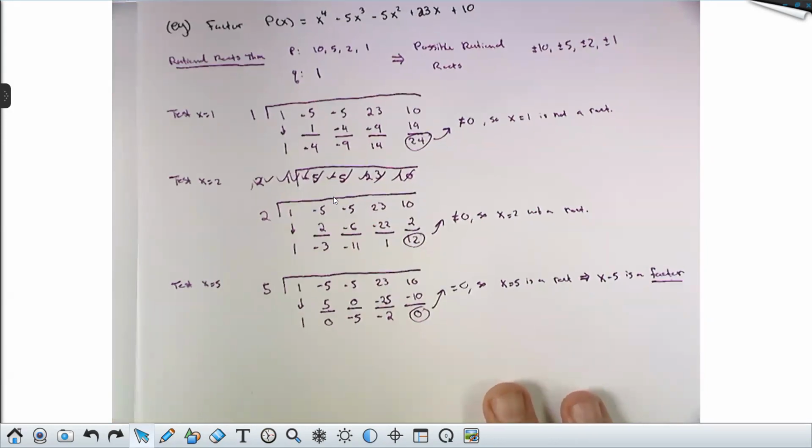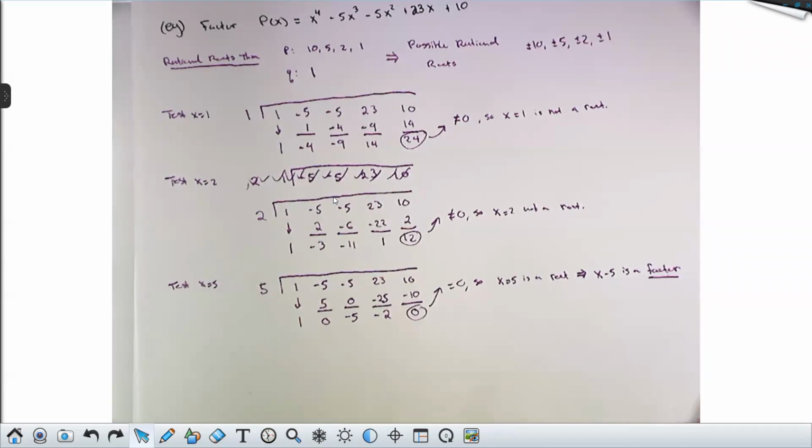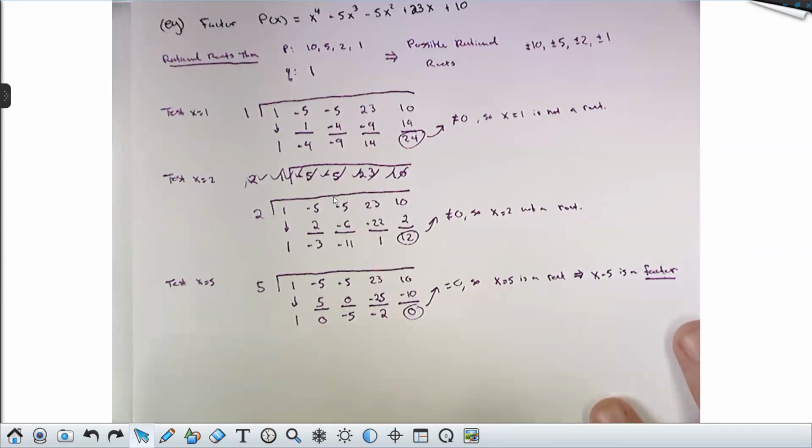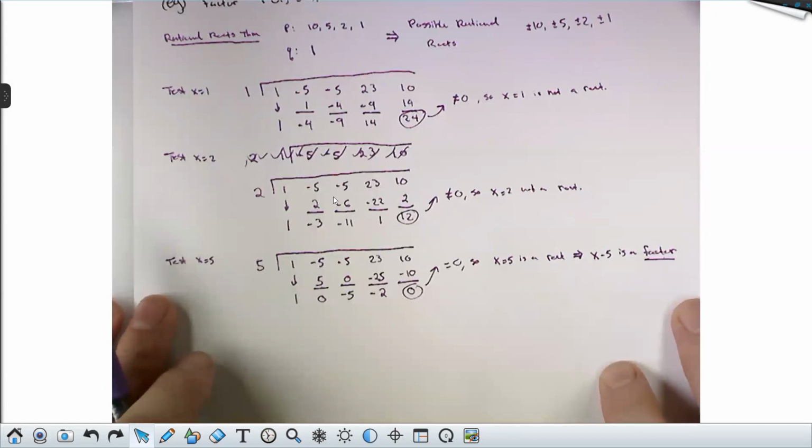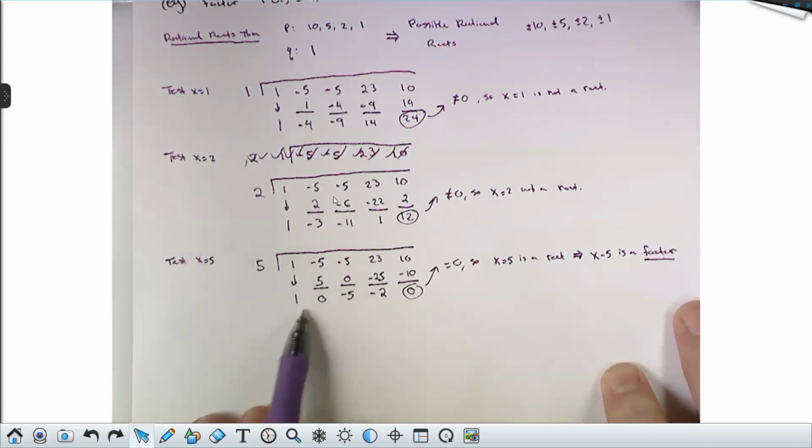And what's more, because I tested this not by plugging in, but by using synthetic division, in addition to learning that x equals 5 is a root, I also learned that this is the coefficients of the quotient polynomial.